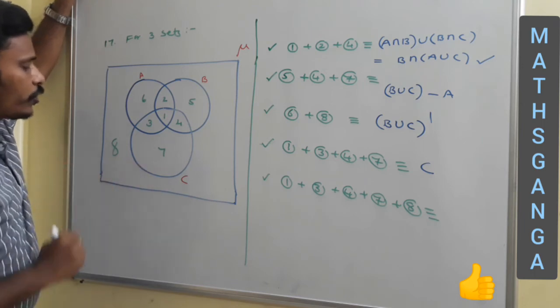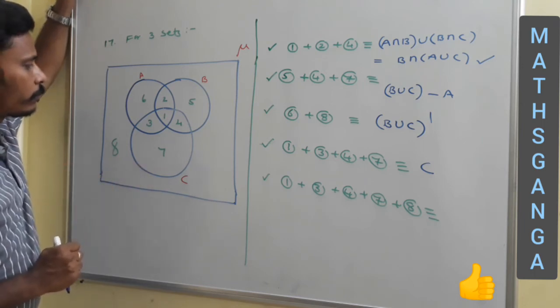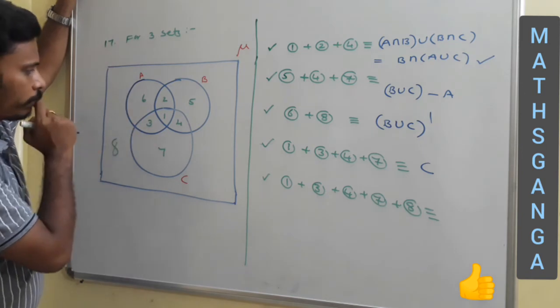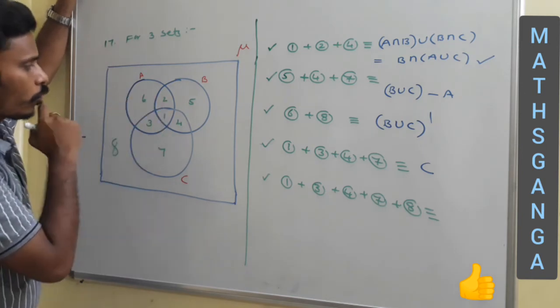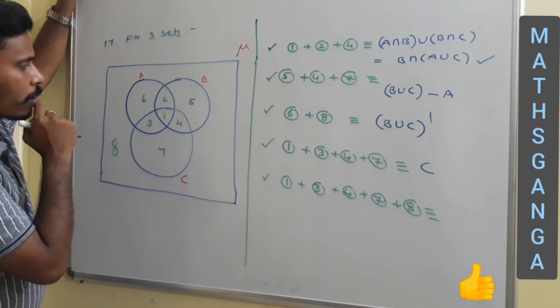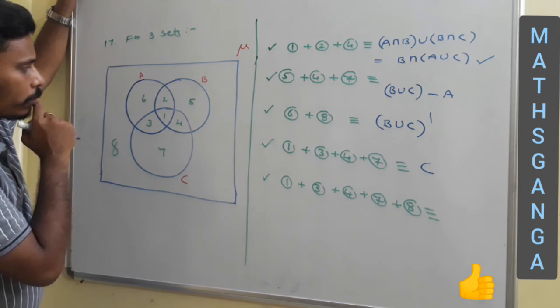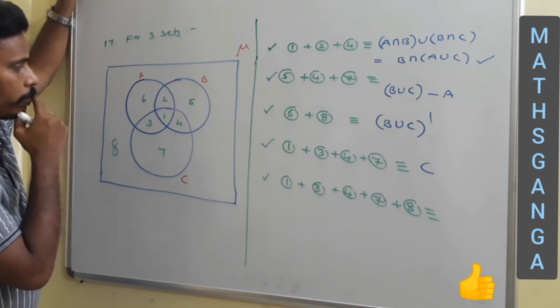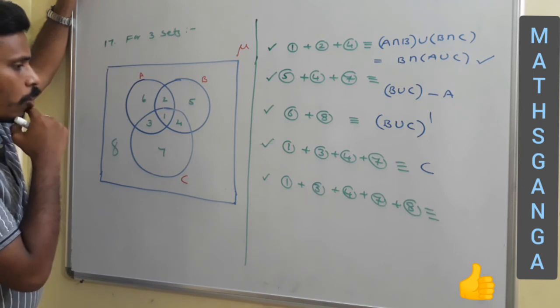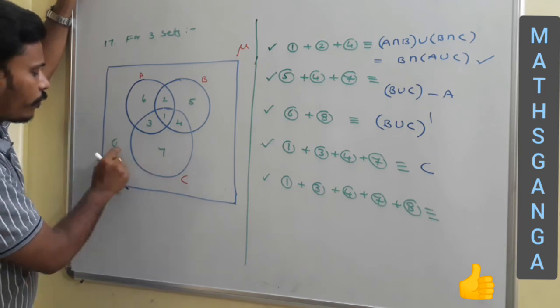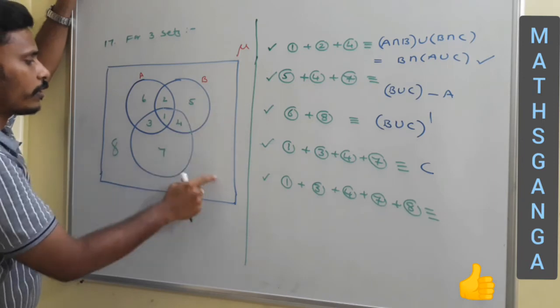This 8 is actually C complement. I need to remove this region. How can I give the name for it? C along with this 8. 8 is this total region.